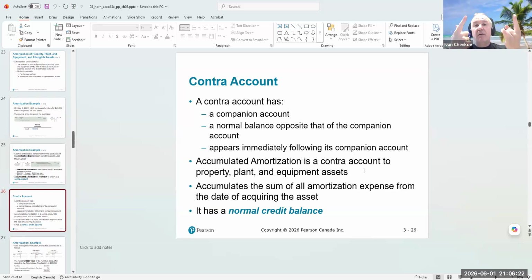So if you have a building, that building's companion account, contra account will be accumulated amortization building. If you have machinery, the companion account, contra account will be accumulated amortization machinery. And they're always going together as a pair of accounts.